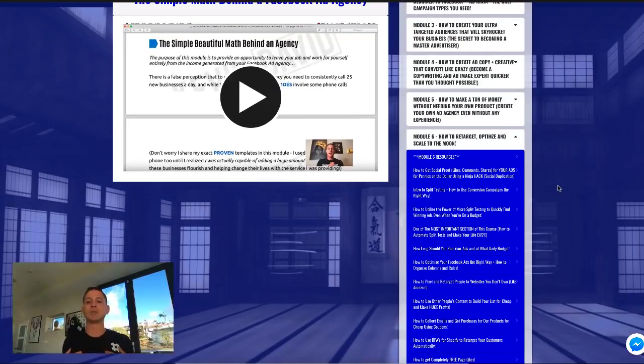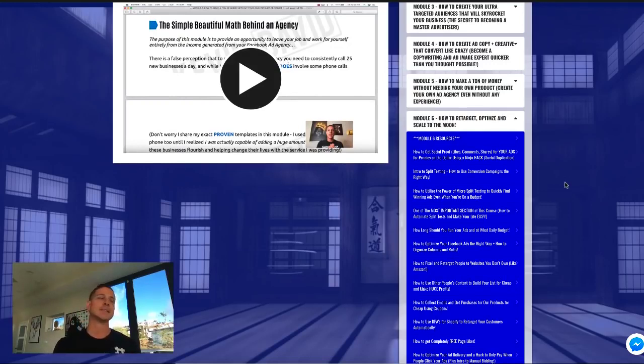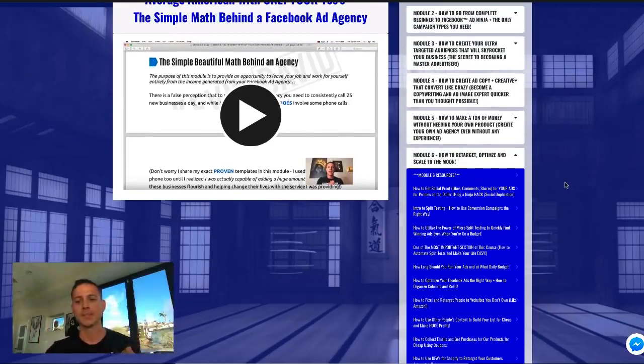And then module 6 is how to retarget, optimize, and scale to the moon. And so what this means, guys, is optimization is one of the most important parts of Facebook ads. Those who test succeed. And that's like a very beautiful kind of summary of Facebook ads and a lot of different businesses, right? But Facebook ads especially, people who split test and people who understand how to optimize and scale on Facebook are the ones who win, and the ones who win in a very large way, right?